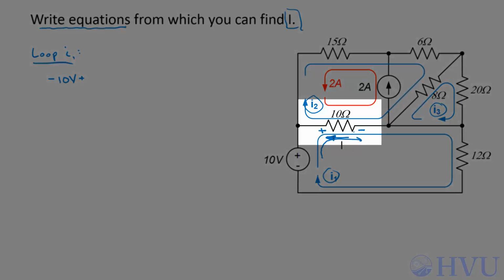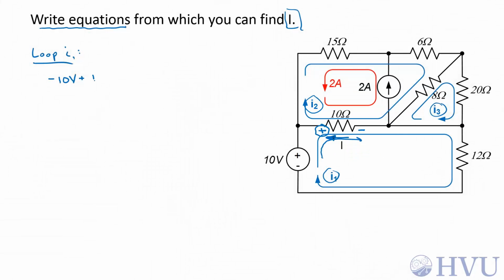Then the voltage across the 10 ohm resistor, with this being the positive terminal, is the resistance 10 ohms times the current through the resistor, with this being the assumed positive direction. I1 is entering the positive terminal, so that's a positive contribution. I2 is entering the negative terminal, so I subtract that off. And the 2 amp constrained loop is also entering the positive terminal, so I add 2 amps.